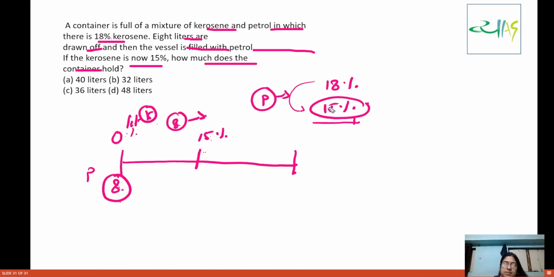Now you are having 15%, and earlier you were having 18%.